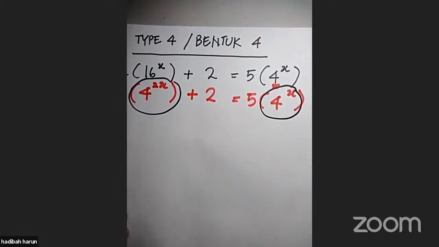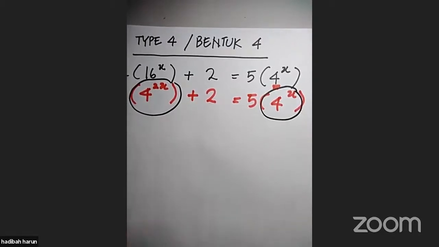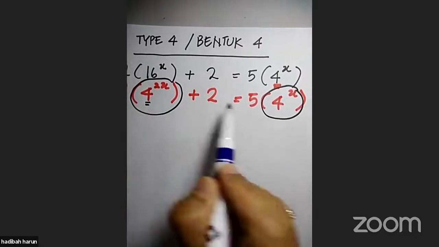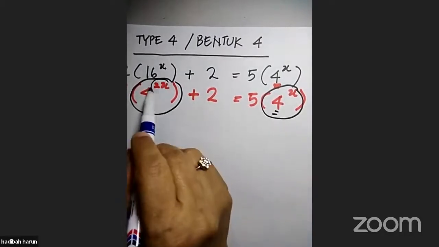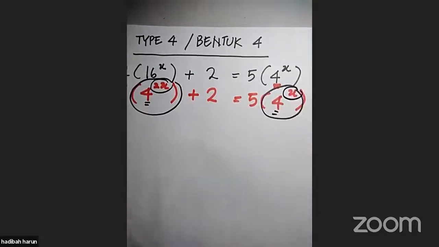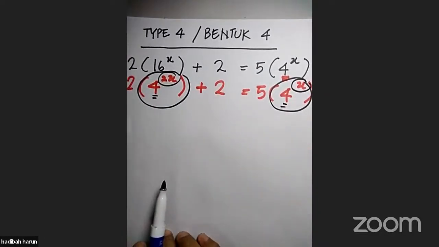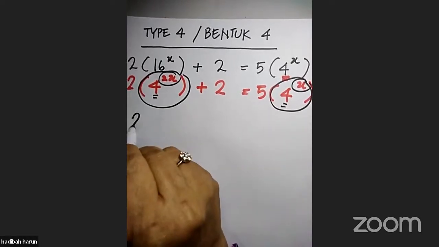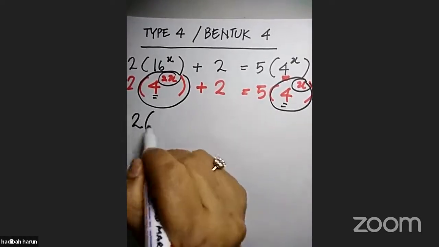Now look at this term. Type 2 and type 4, the major difference is type 2 has the same base, same power. But type 4 has the same base, but different power or index. So what we should do next, we retain 2.